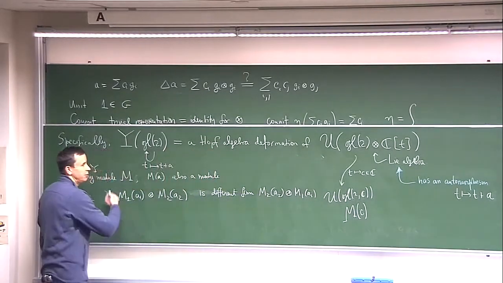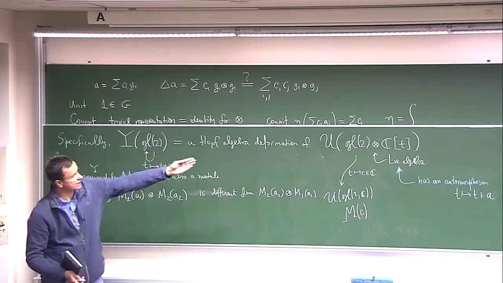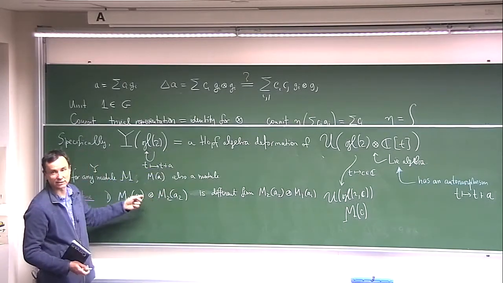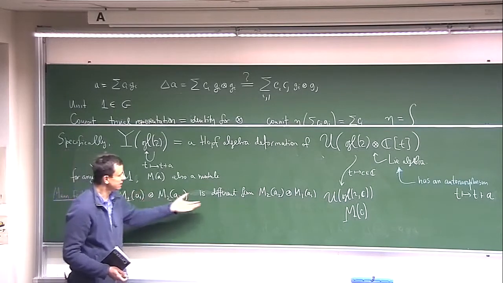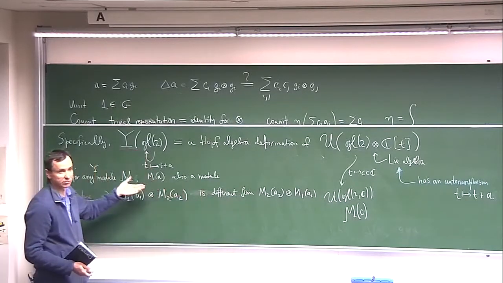For example, for the Lie algebra, if I just permute the factors, this is an intertwining operator. And this will not be the case here. It's really a different module.